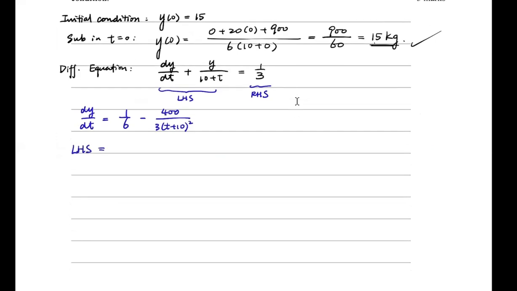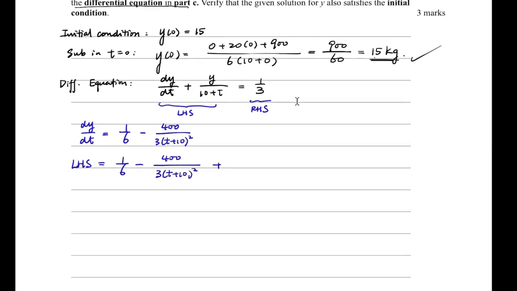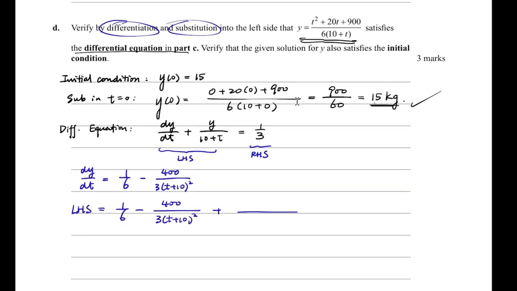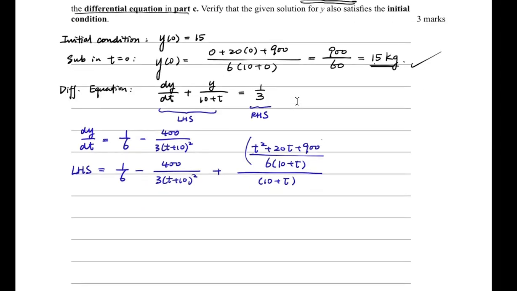Left-hand side equals 1/6 minus 400 divided by 3(t plus 10) squared, plus something divided by (10 plus t), where y is (t squared plus 20t plus 900) divided by 6(10 plus t). Like this. Write the substitution clearly. And then we can keep simplifying everything.